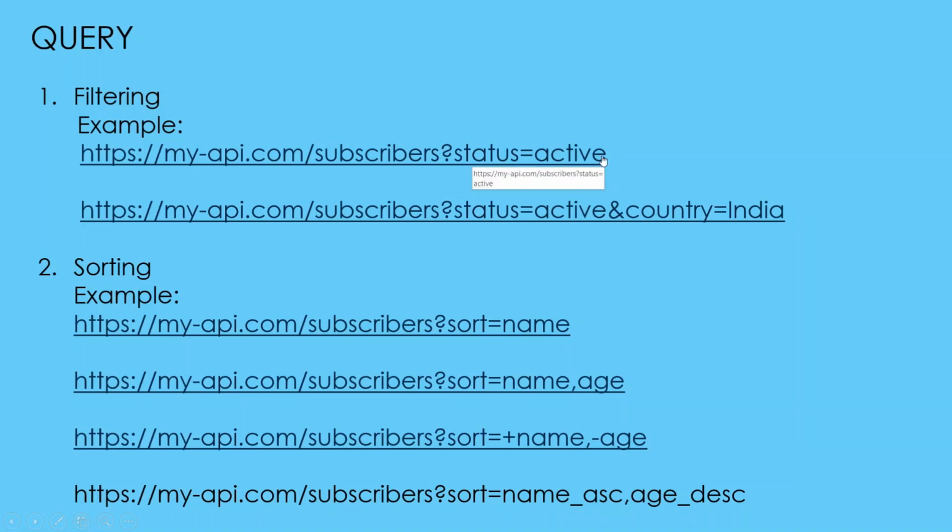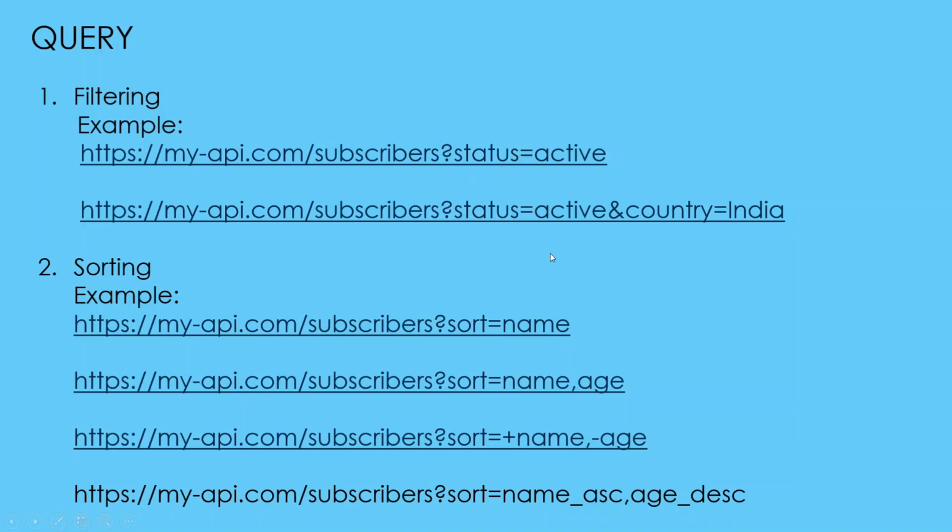So this will return me the complete details of the subscribers whose status is active, meaning if there is a subscriber table and it has fields like name, ID, gender, age, country, it has to retrieve all the values of those fields associated with the subscribers whose status is active. So it returns all the fields of active subscribers.